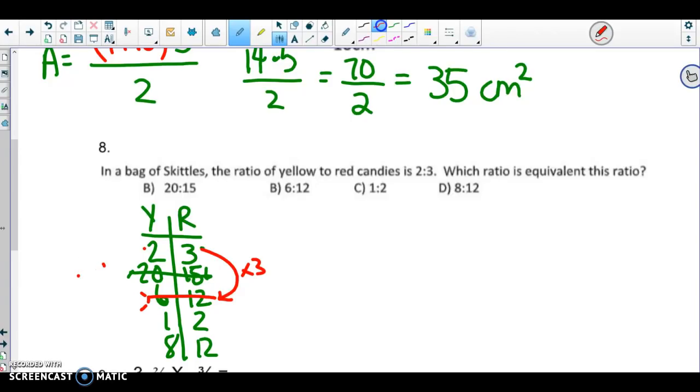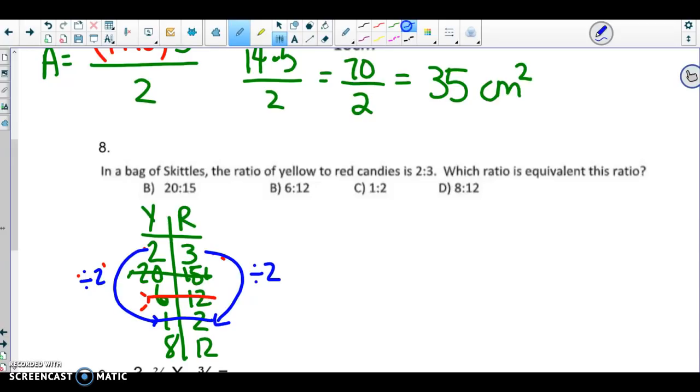You could leave them, obviously. I'm erasing so we can keep track. All right, so let's try the next one. Let's go 2 to 1. If I divide, I'm getting smaller, so I'd have to divide by 2. 3 divided by 2 is not 2. So that one's not going to work either.